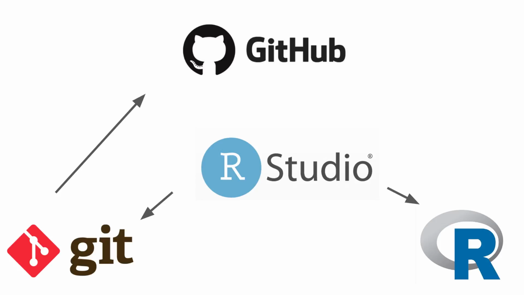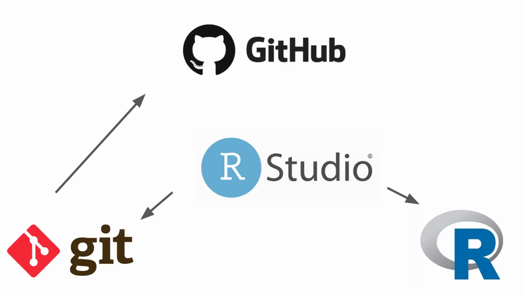But then we also use Git for taking pictures of our projects at different points in time. We're going to use GitHub to share those pictures with the world, particularly with other colleagues. And all of those things we are going to do from an interface, which is RStudio.